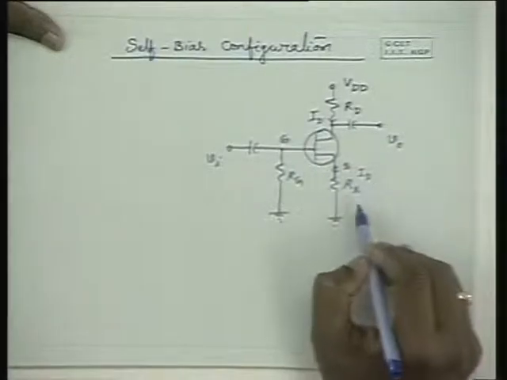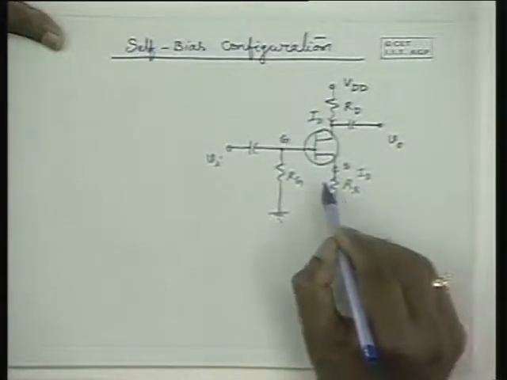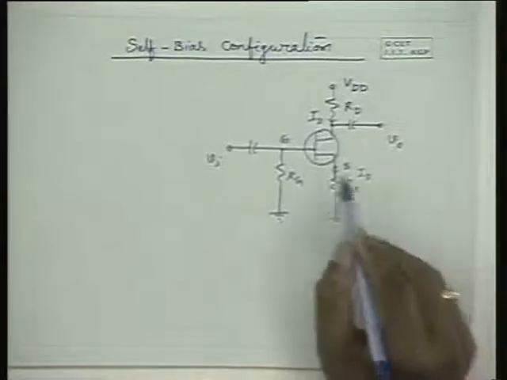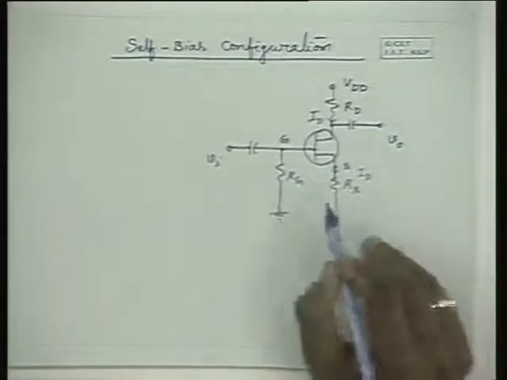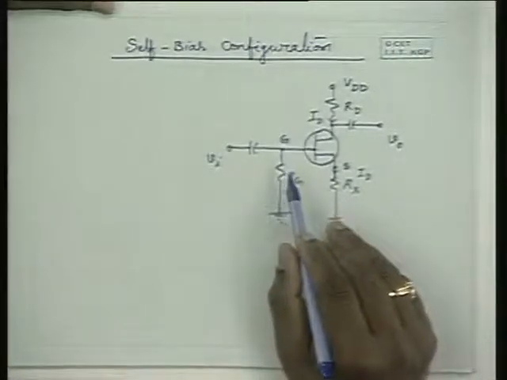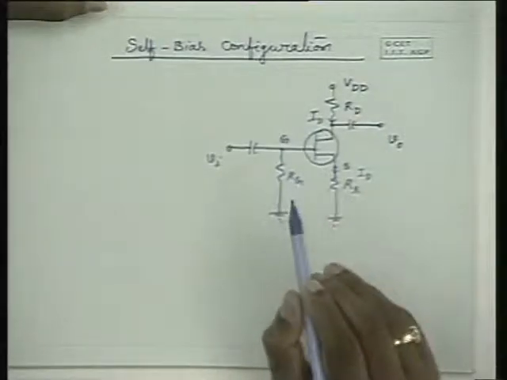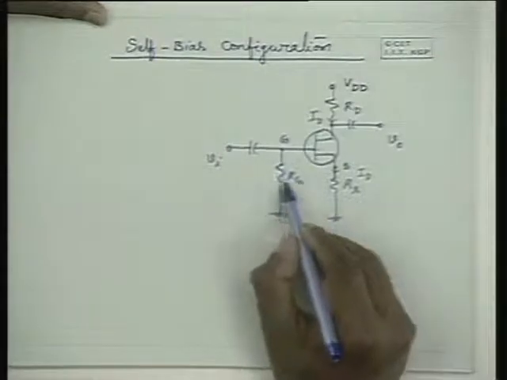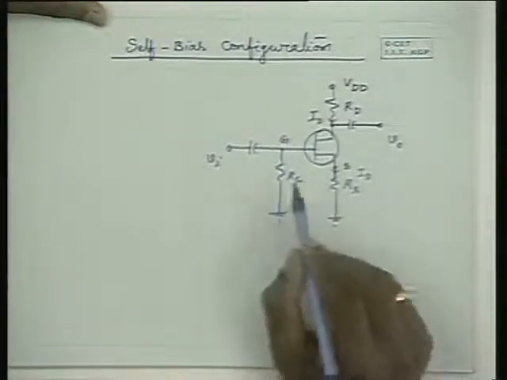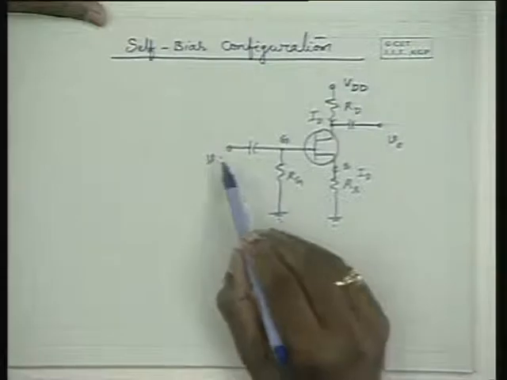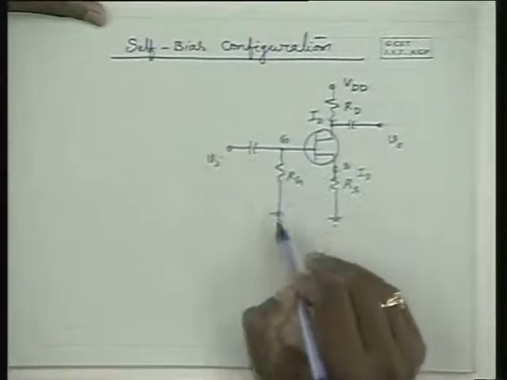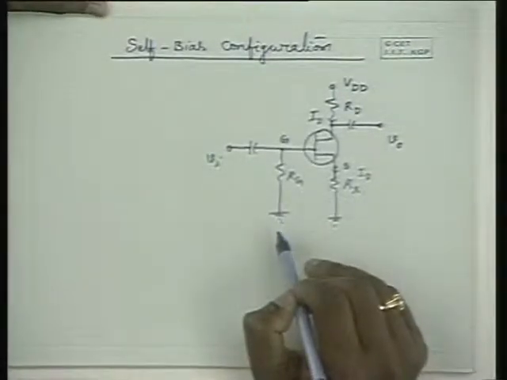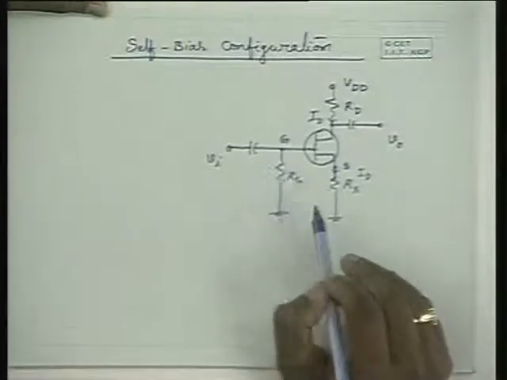So that's why RS is used. And RS is also being used as a feedback element to keep the quiescent point stable. And RG is provided, like in the fixed bias circuit case, to avoid shorting of the input signal into the ground. So that is the purpose of RG.